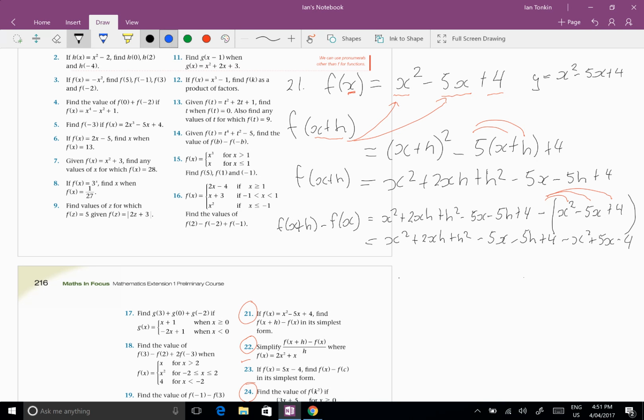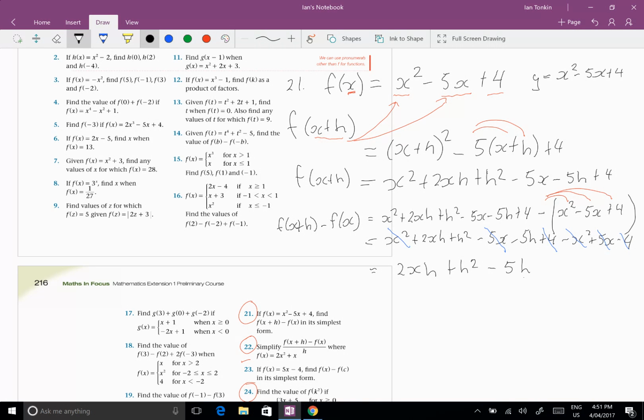Now watch what happens. X squared minus x squared, that goes. Minus 5x plus 5x. 4 and minus 4, which leaves me with 2xh plus h squared minus 5h.